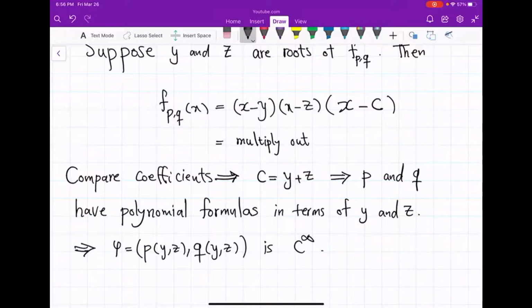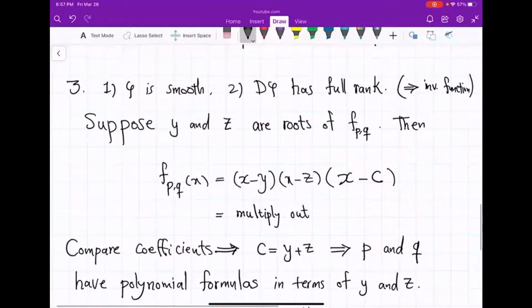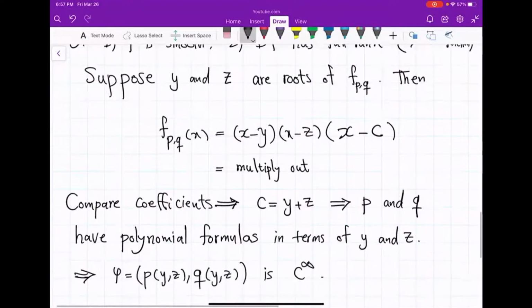The reason I'm not actually giving you the formulas for P and Q, although I have them in front of me, is that interestingly, the explicit formulas for P and Q that we find are not useful in proving the second part, that the derivative has full rank. Also, this computation that I just did can be reversed.